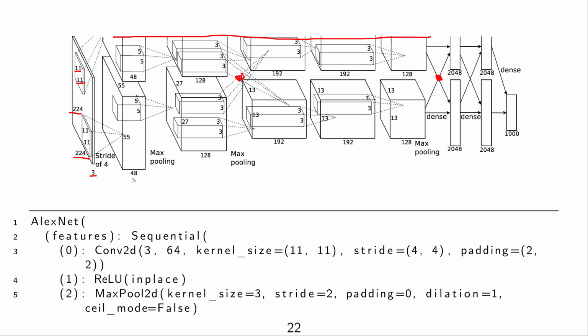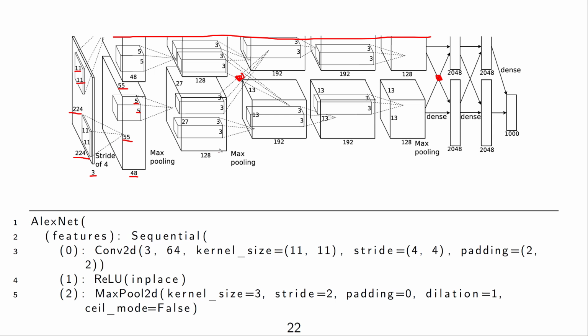Then the next layer, or the tensor that is output here, has depth 48 or 48 channels, and the resolution is 55 times 55. That is the spatial resolution. Then we see convolutional filters with kernel size 5 by 5, and so on and so forth.